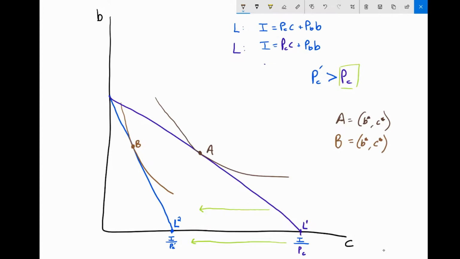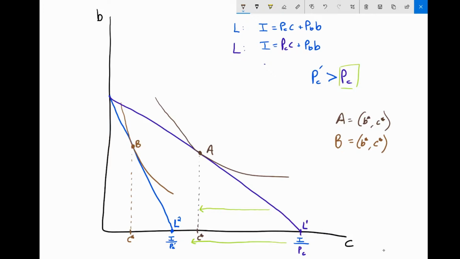It's also clear from the illustration that the consumption of coffee at bundle A, this dark brown C star, is greater than the consumption of coffee at bundle B. So when the price goes up, consumption of coffee goes down. Okay, that's pretty straightforward.